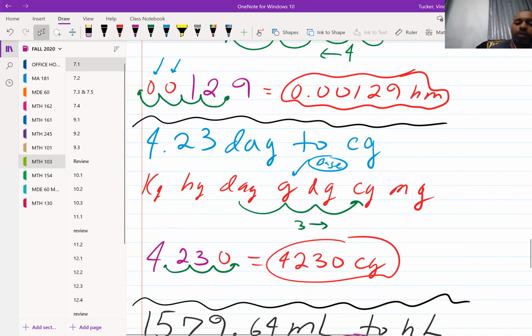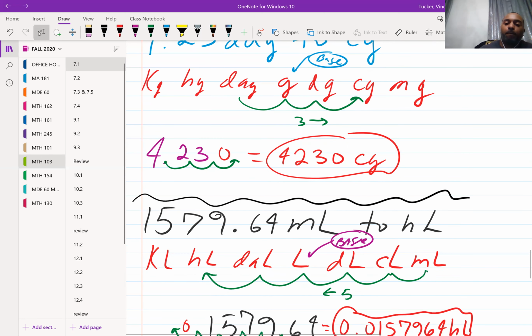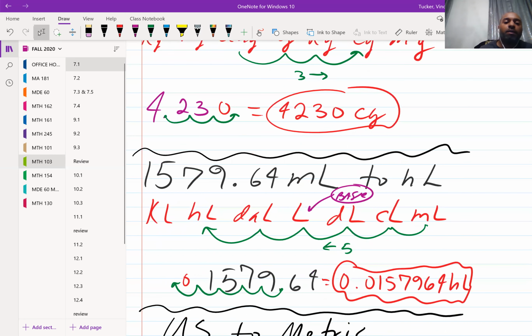Same thing with liters. So if we have 1,579.64 milliliters and we're going to hectoliters, you just replace an L where the G or the M was. How many spaces to the left are you going to move in order to get to hectoliters? This time it was 5 to the left. So we took our decimal 5 to the left, ended up having to use zeros as placeholders.